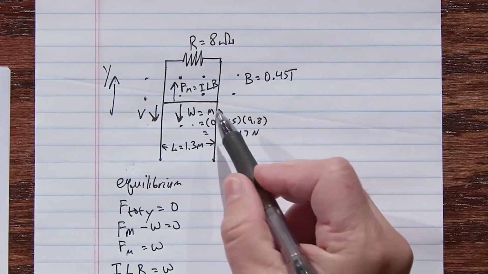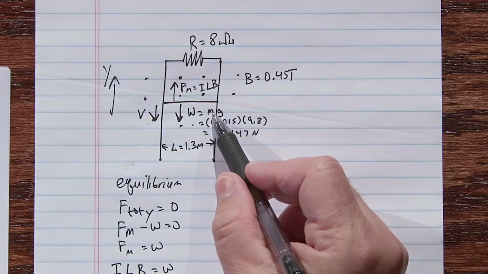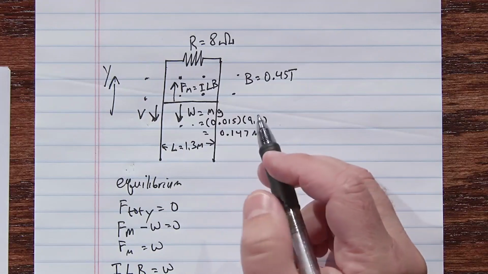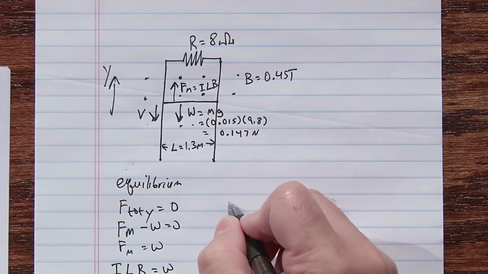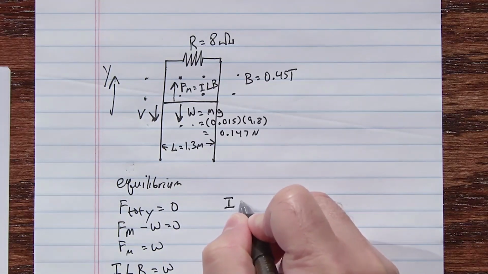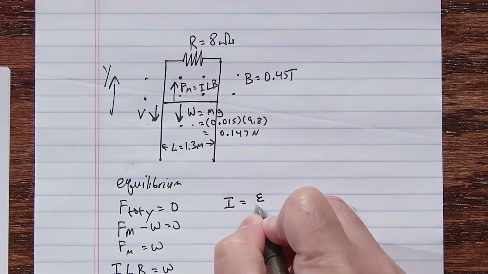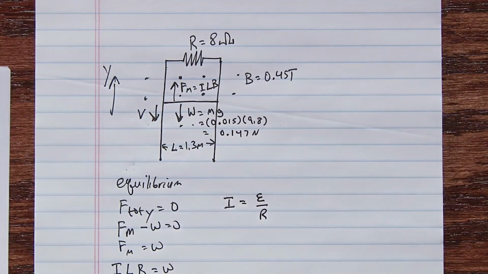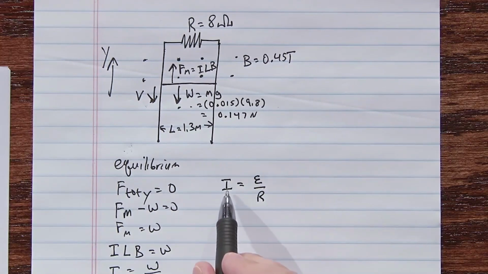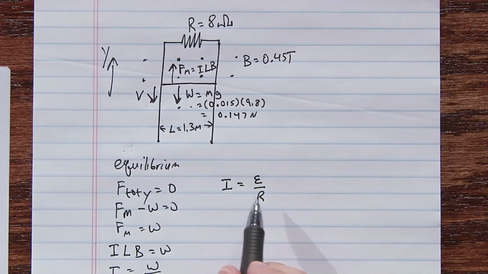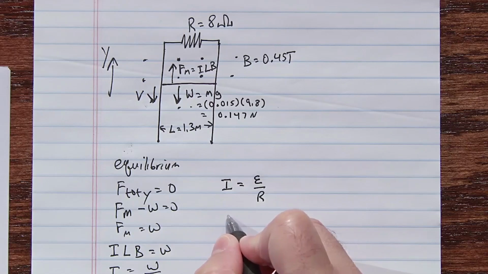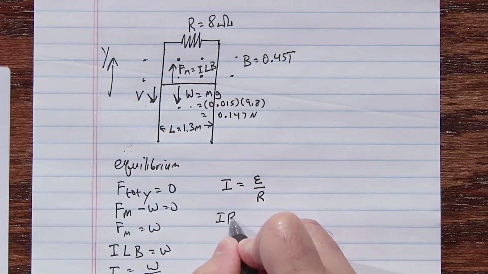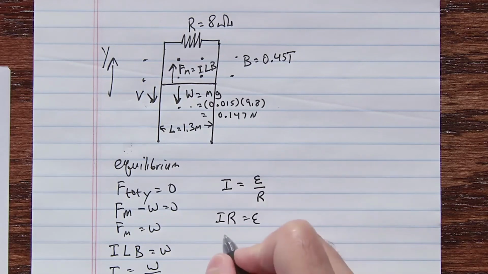Well, we know that the induced current is equal to the electromotive force divided by the resistance. Knowing what the current that we're looking for is and the resistance, that tells us what the electromotive force must be. So I times R is equal to the electromotive force.